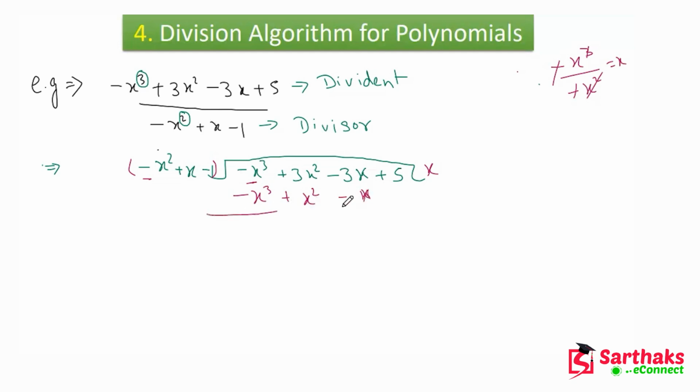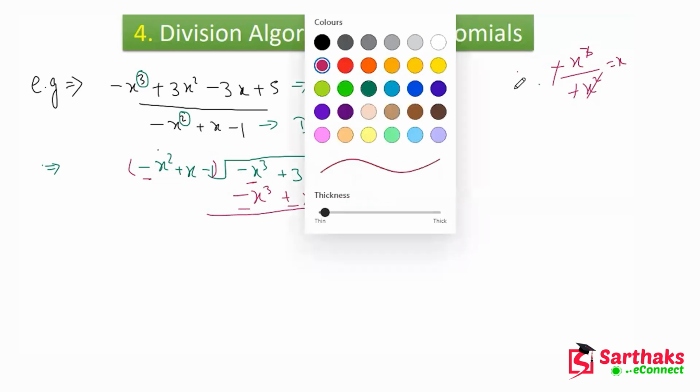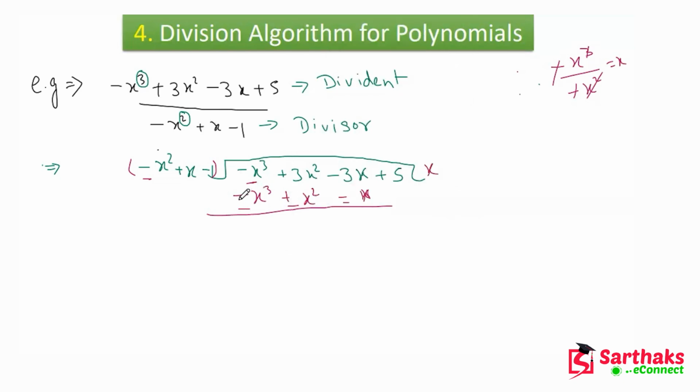Now we are subtracting it. Minus and minus gives plus, so this gets cancelled. Minus x cube and plus x cube got cancelled.